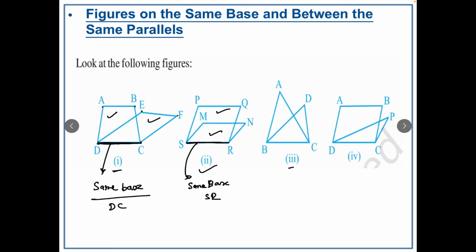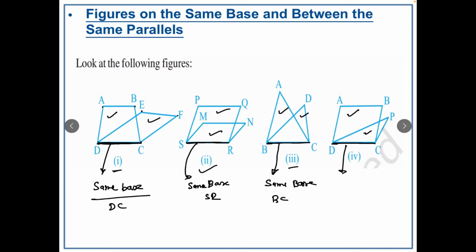Okay, in the third figure now we have two triangles. Again the triangle ABC and triangle DBC are sharing a common side which is BC. So the same base here is BC. Okay, in a similar way now we have a parallelogram and a triangle. Again they are sharing a common side which is DC.